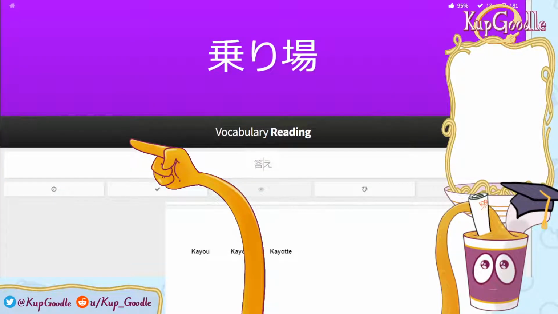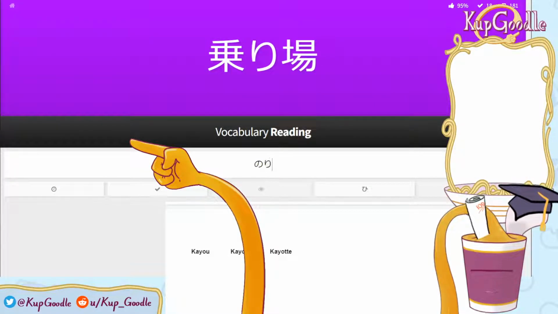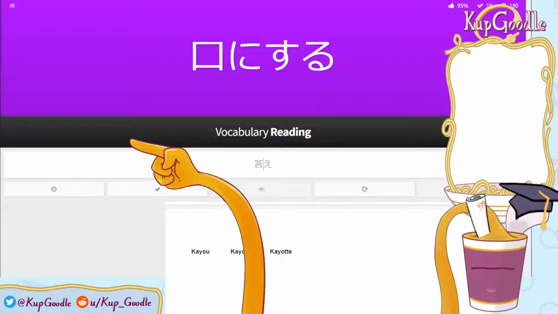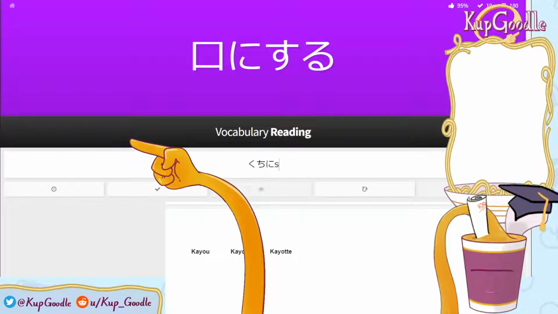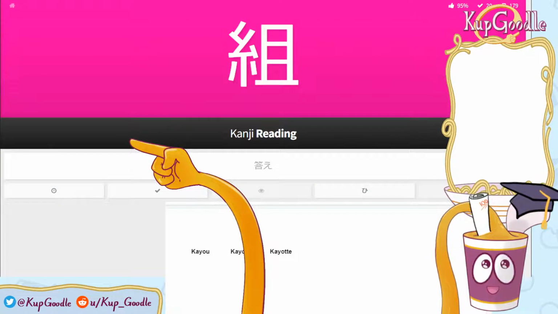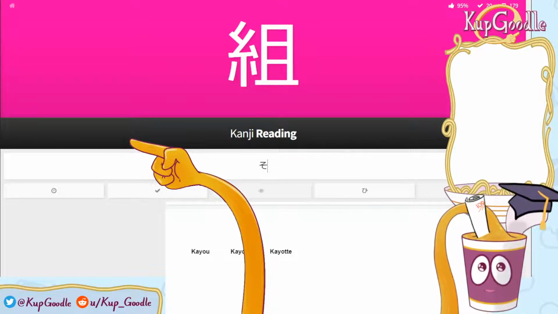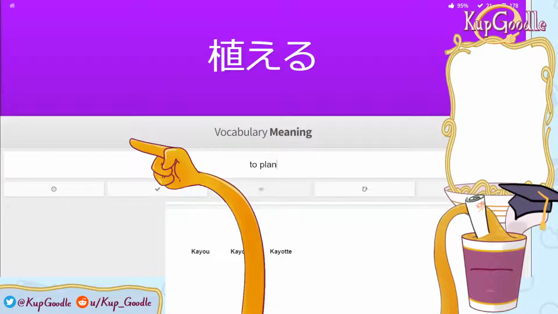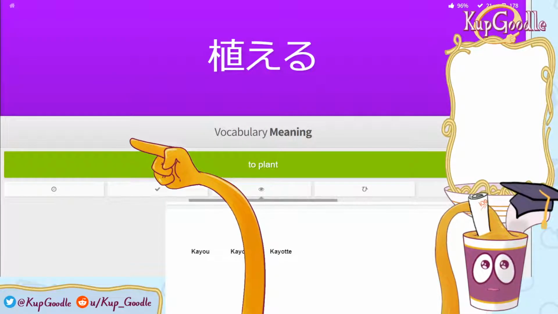Noriba. Kuchi ni suru. It's gumi, but so for that one word, ueru, that's to plant something. So let's use that.